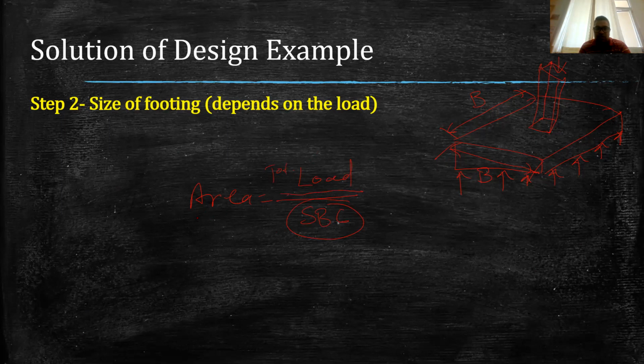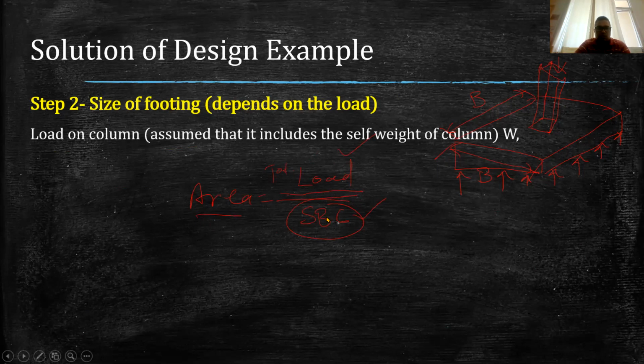So to calculate the area, we need to first calculate the total load on the foundation, and SBC is already given. So here the total load on the foundation will be first the load coming from the column, which is given in the question already, which is the 500 kilonewton.